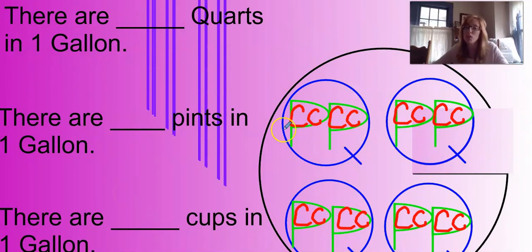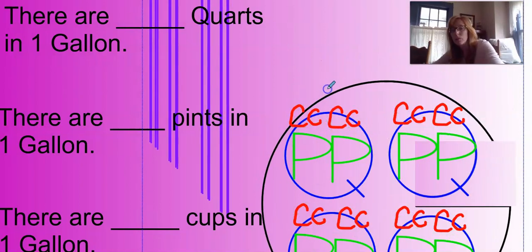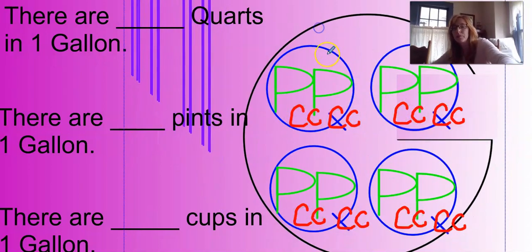So there are how many quarts in a gallon? So you go over to your kingdom of gallon and you look at all the quarts. Let's see if I can get my pen to work. I'm sorry.